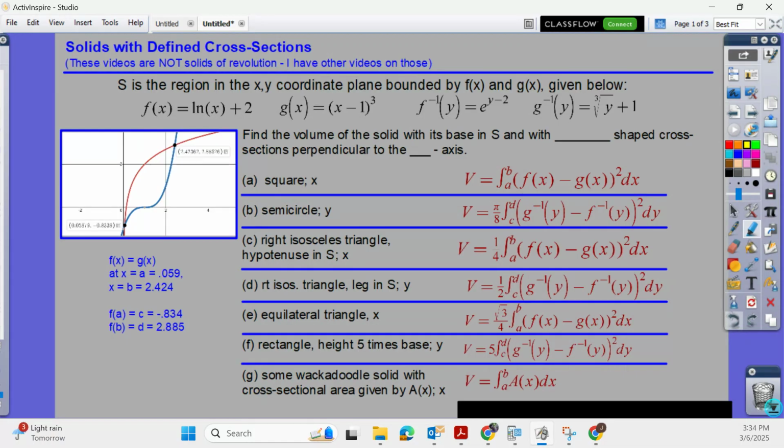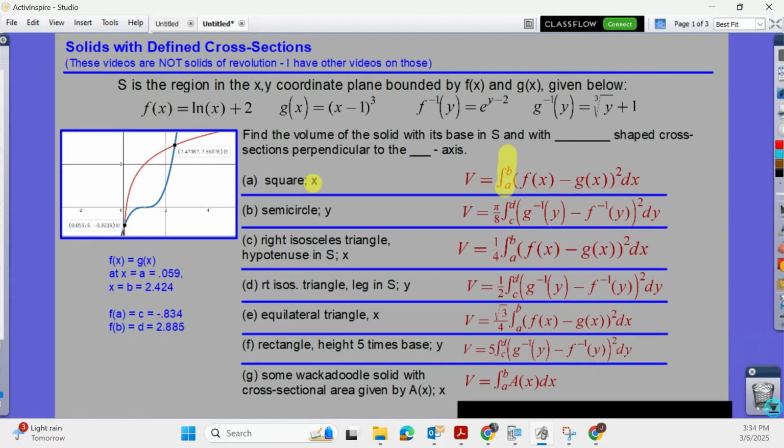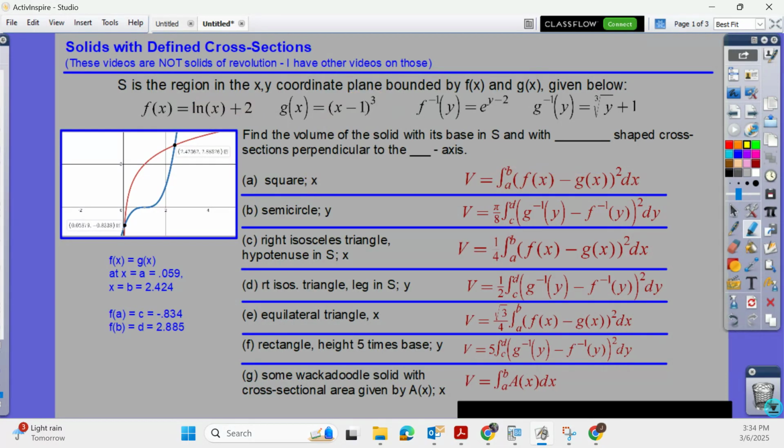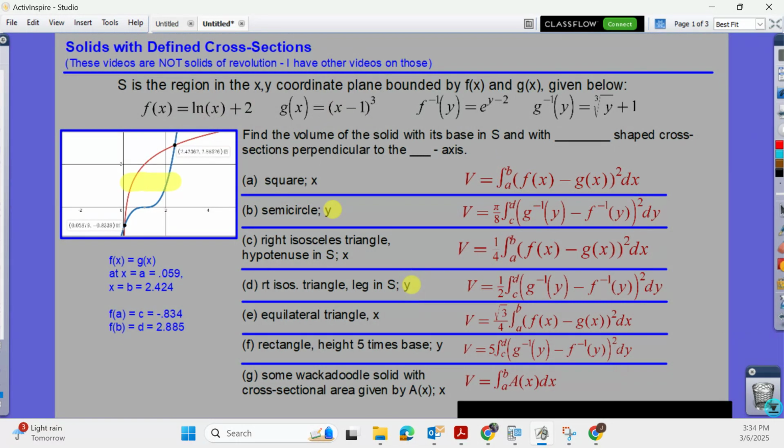So vertical cross sections, again, perpendicular to x-axis: x values for limits, functions of x in the integral, and dx for the differential. When the cross sections are horizontal, when you're perpendicular to the y-axis, like on these, now you have y values for the limits of integration.